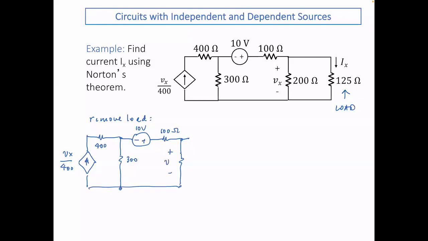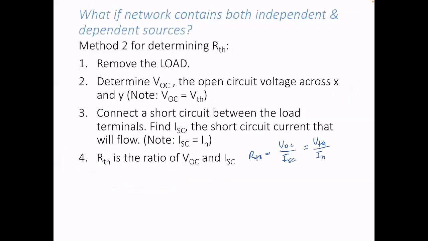Okay, this is V sub x. This is V sub x. So these are now my load terminals. Itong dalawang terminals na to are my load terminals. So ano yung sabi ng procedure natin?